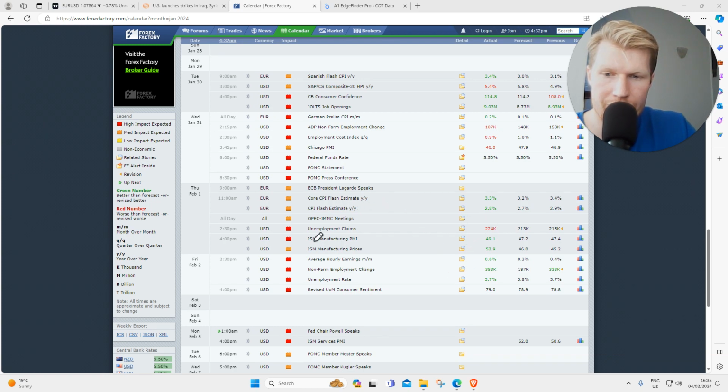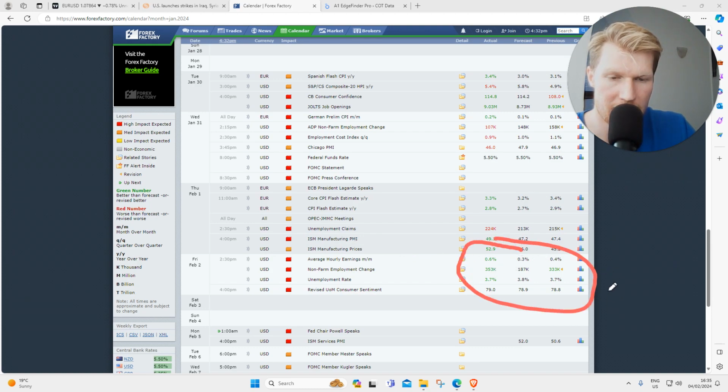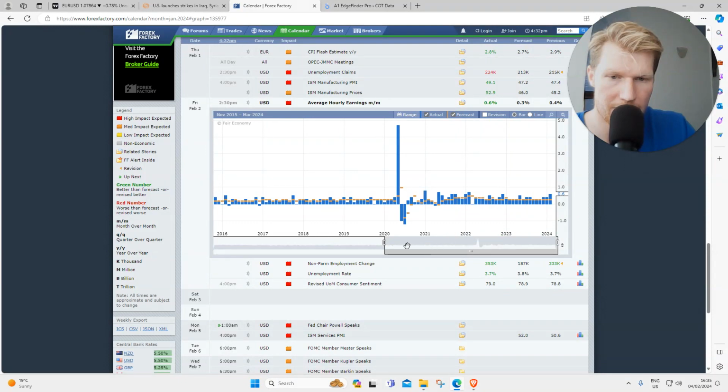Then on Friday was really the other high impact stuff, and we had NFP here on Friday. What you can see basically is this was pretty important. We had our average hourly earnings month over month come out really high, right?